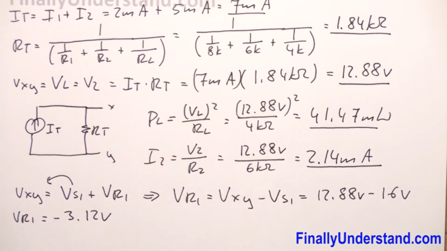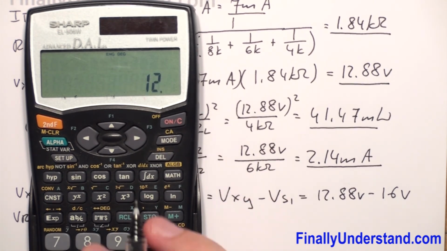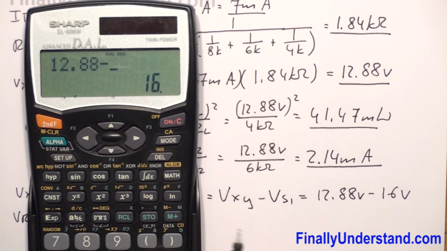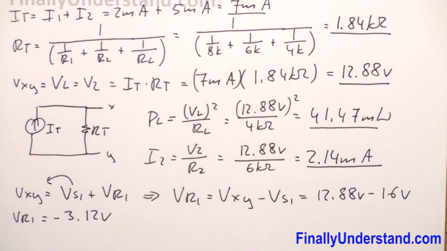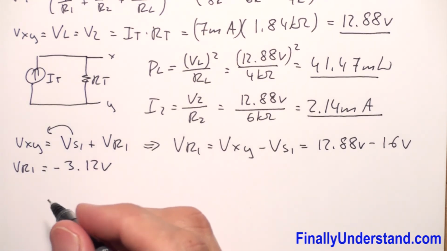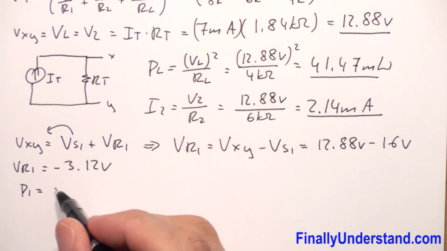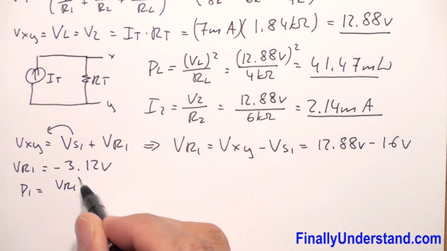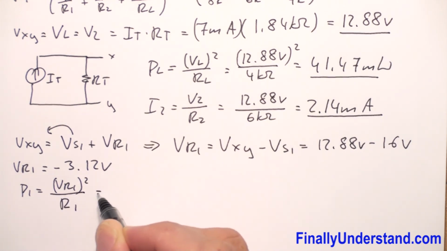Okay, let's check it. So I have 12.88 minus 16 equals negative 3.12 volts. So this is my VR1. If I have VR1, I can find P1. P1 is equal to VR1 to the second power over R1.